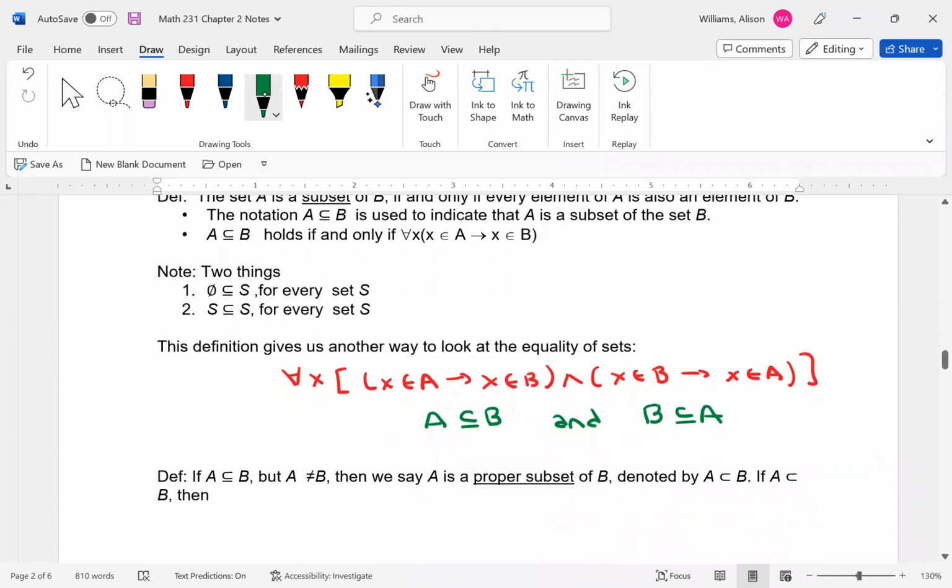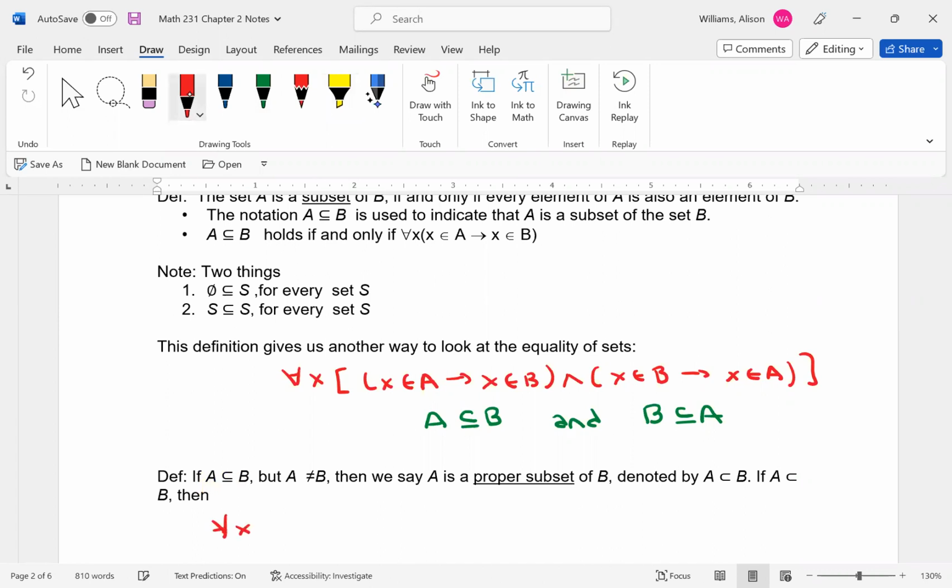Okay, now we do have an idea of a proper subset. And a proper subset doesn't have the little equal to bar. Okay, so they start off with the statement, if A happens to be a subset of B, but A doesn't equal B, then we say A is a proper subset of B. Okay, and we have a way of writing this out with the logical equivalence.